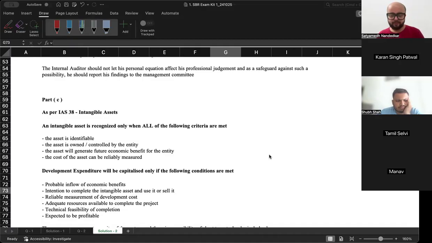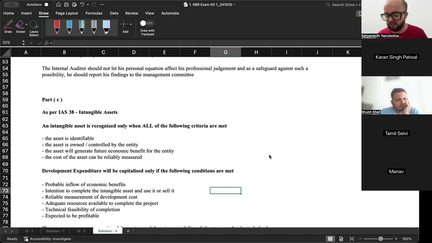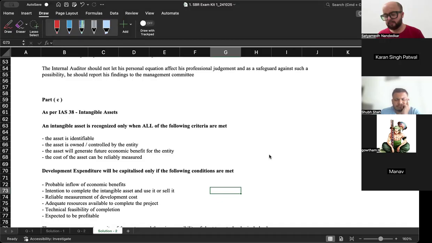Let's go one by one. Look at the first one, probable inflow of economic benefits. Is that happening? No, sir. Why not, sir? Why not?